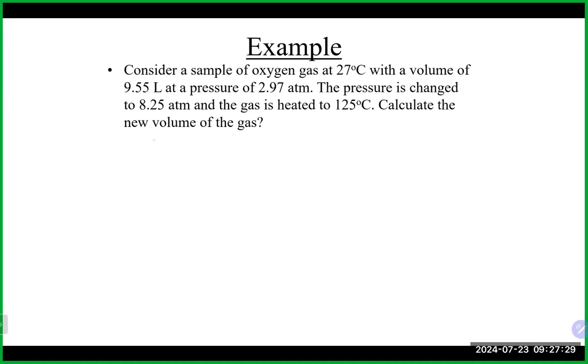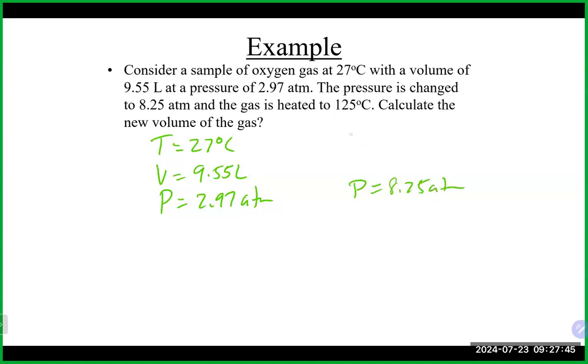We have a temperature of 27 degrees Celsius. That goes with a volume of 9.55 liters and a pressure of 2.97 atmospheres. The pressure then gets changed to 8.25 atmospheres. Temperature goes up to 125 degrees Celsius, and we are looking for a volume.